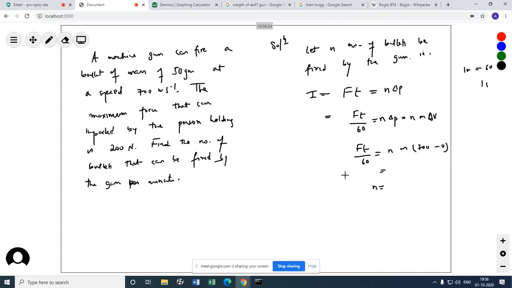So there are two unknown variables, T and n. No, T is 1. The answer is per minute. 1 minute, now we have converted. It is F into 1 by 60 is equal to n into mass, how much? 50 grams, 0.05 kg into 700. Yes. Now give me the answer.